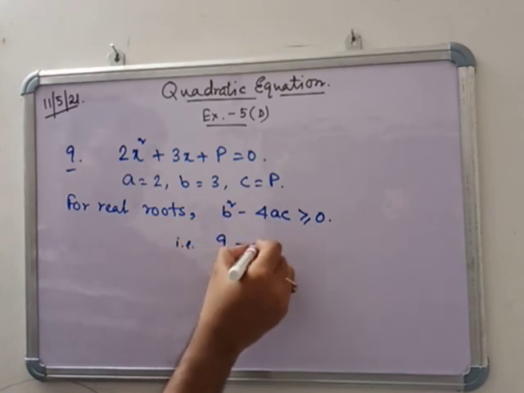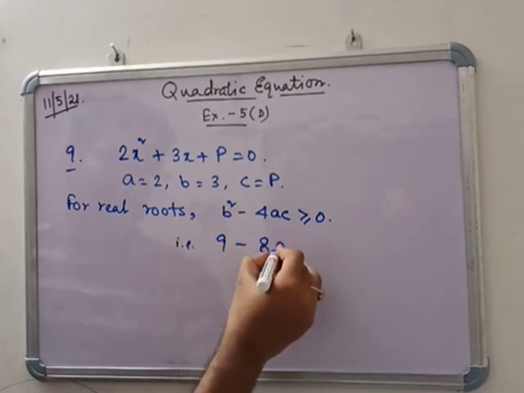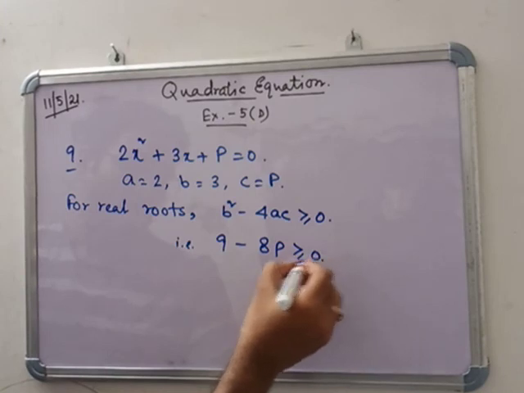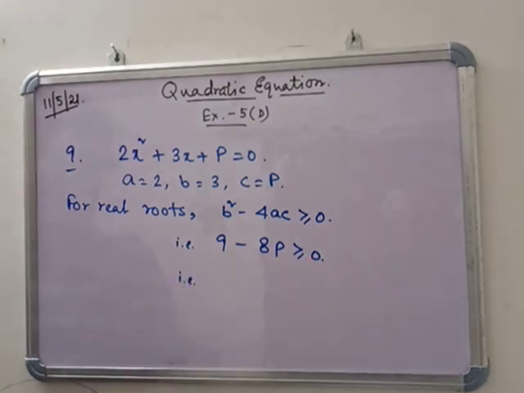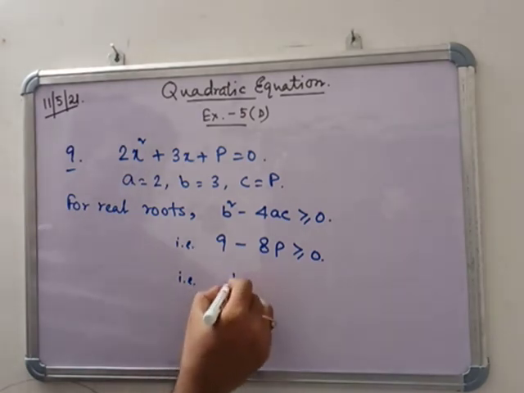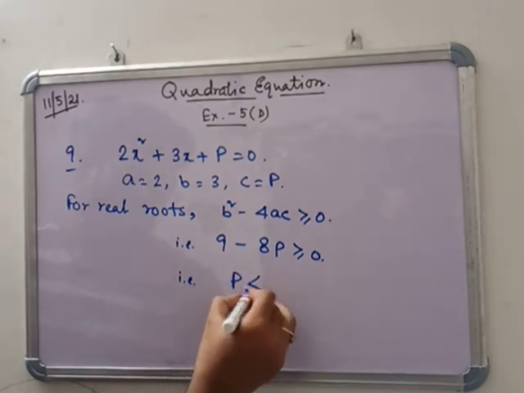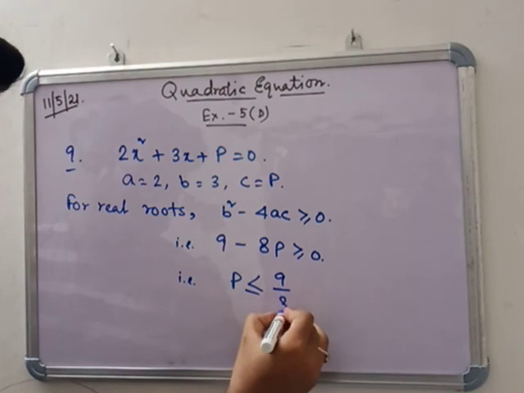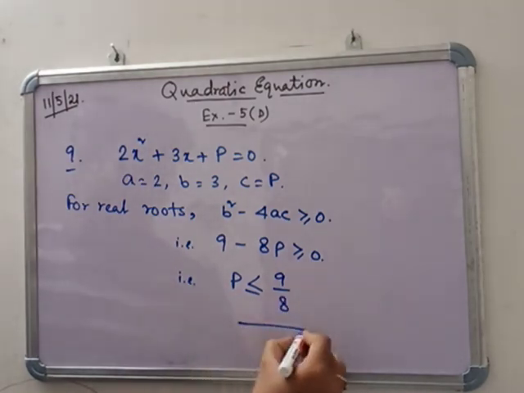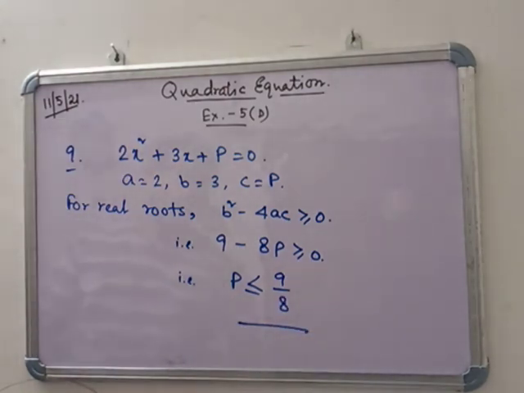So 9 minus 8p greater than equals to 0. Now by linear inequation we can write here p is less than equals to 9 by 8. Okay, so p is less than equals to 9 by 8. Note it down all of you.